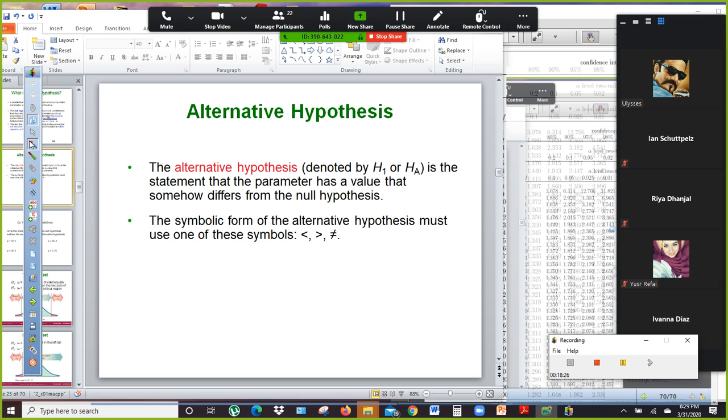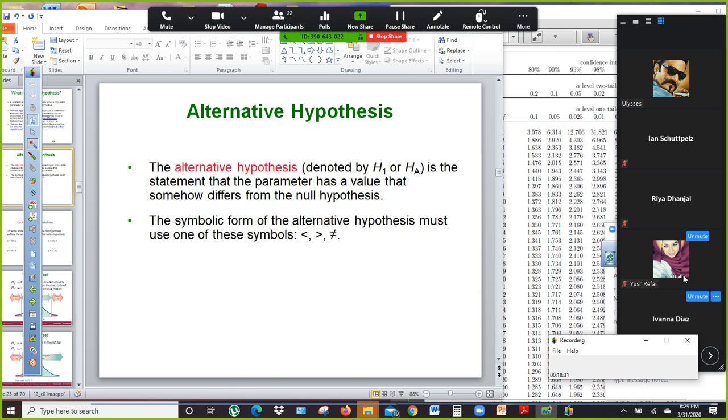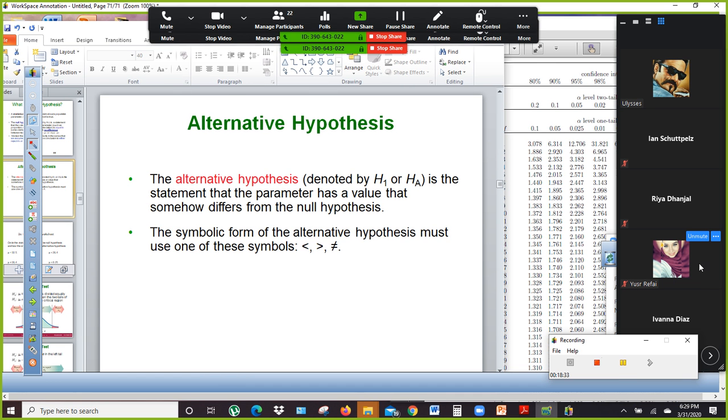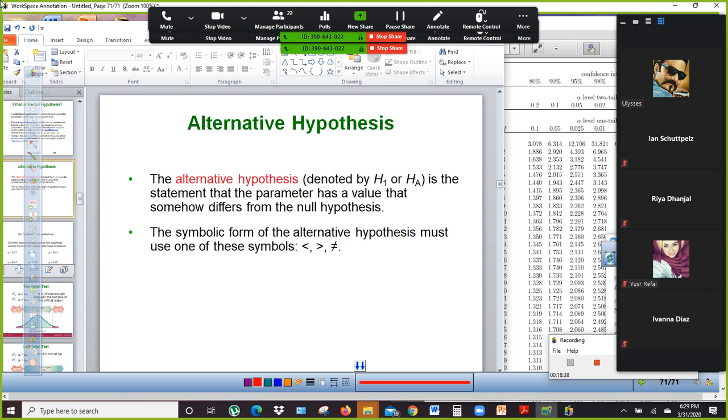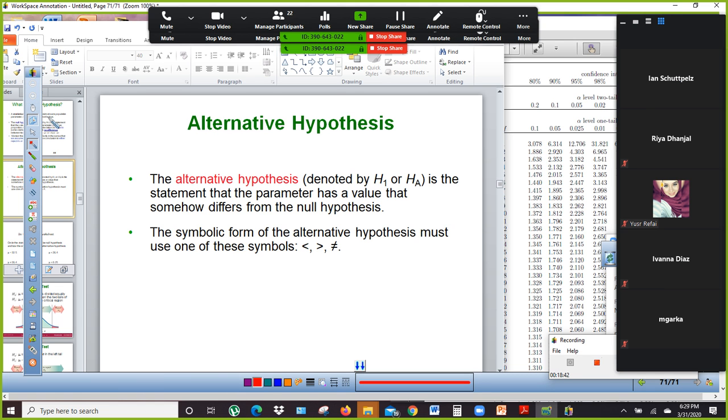There's also an alternative hypothesis. Ian, can you read this one? Just read it from here. Go ahead.